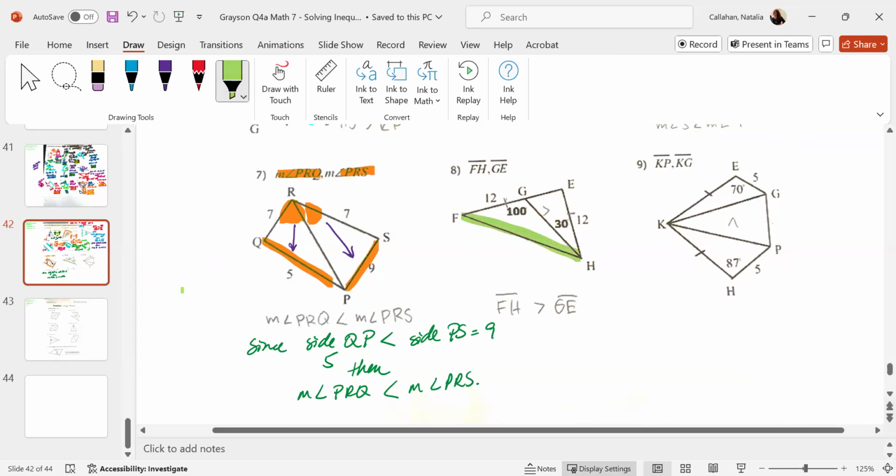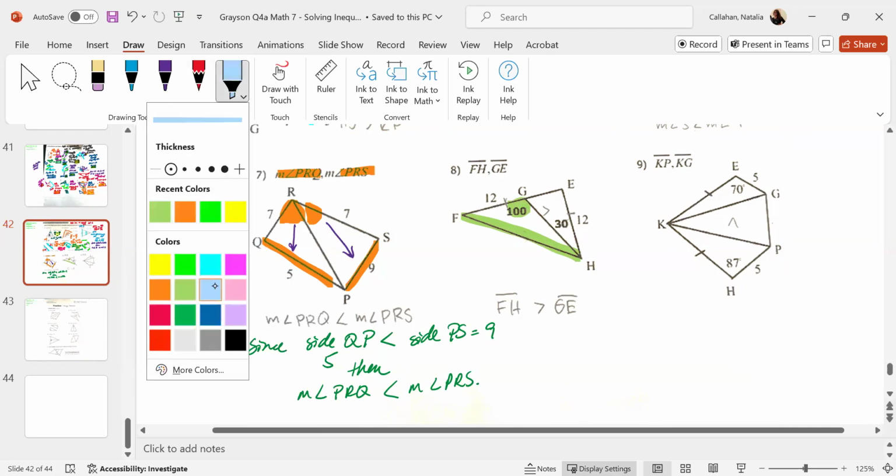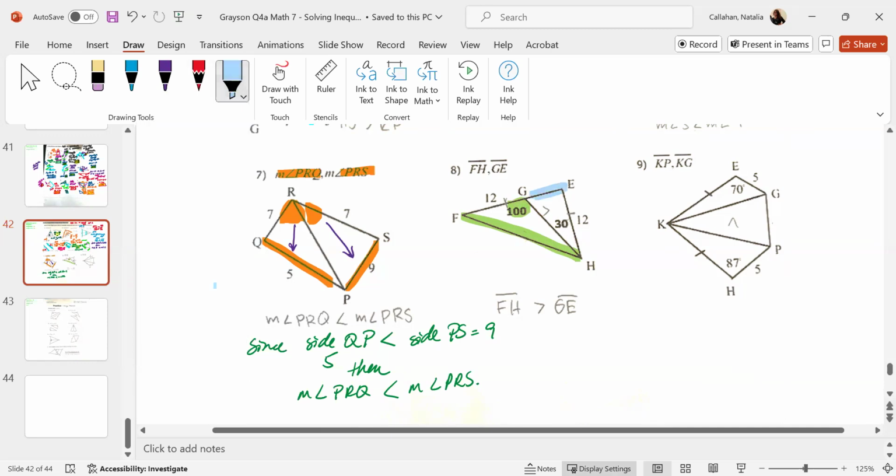FH is right here. Angle opposite of FH is right there, right? Then you have GE, which is right there. Opposite of that is the 30 right there, okay? Since you want to end up with the sides, you're going to start off with angles.